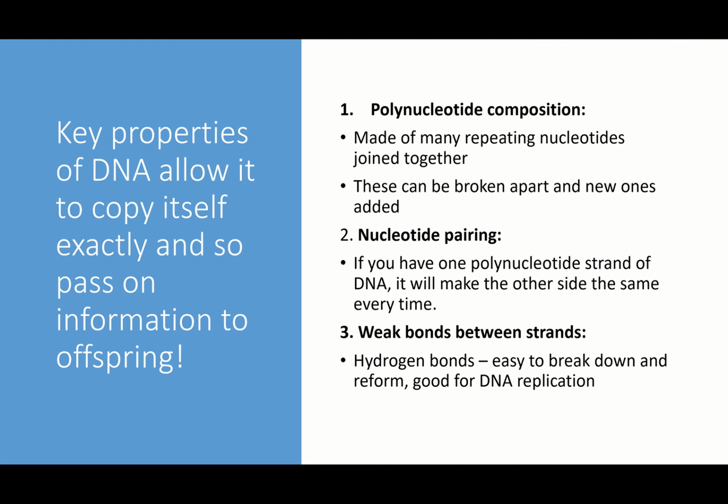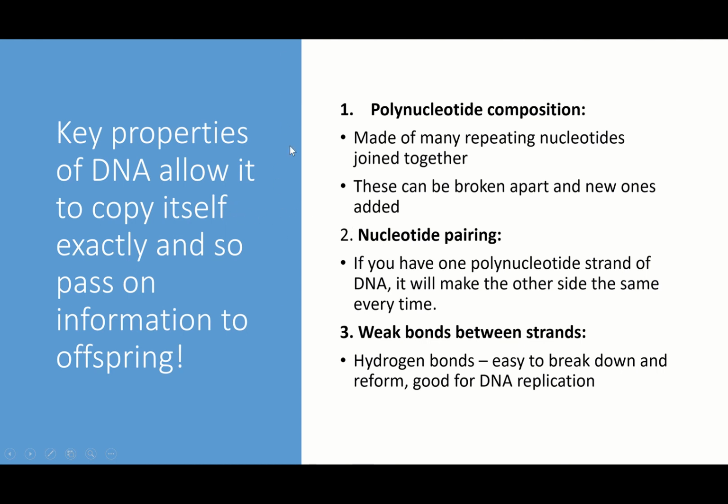Okay, polynucleotide composition. We learned about what a nucleotide was. A nucleotide has a sugar in the middle, a base represented by squares or rectangles, and a phosphate as a circle. A polynucleotide is just made up of many repeating nucleotides joined together. Imagine you have a nucleotide laid out horizontally.